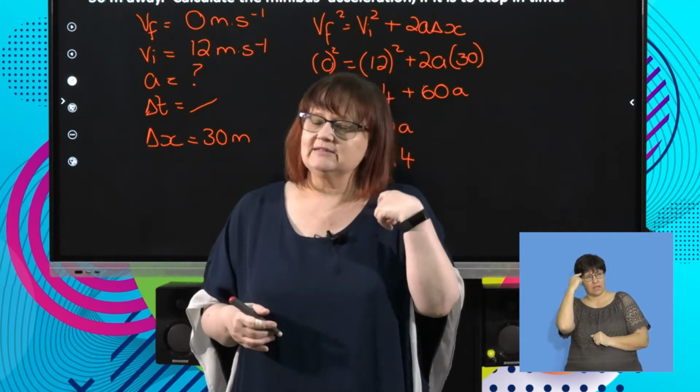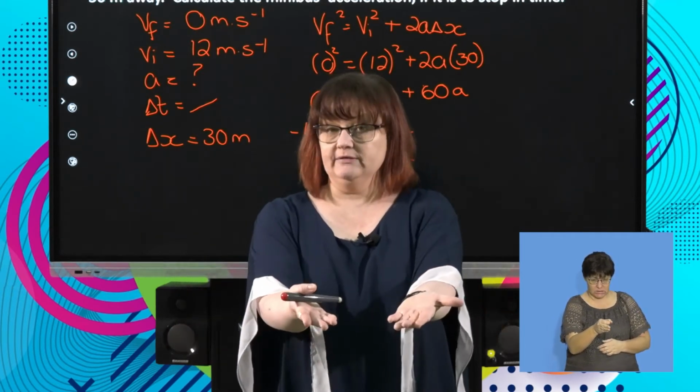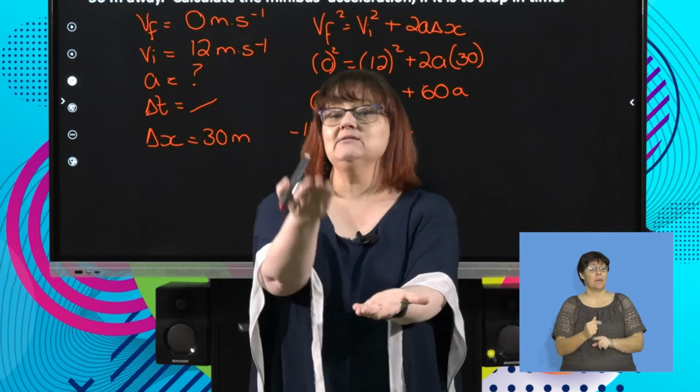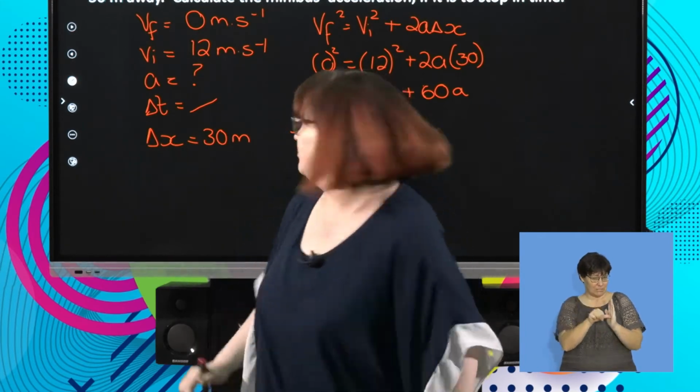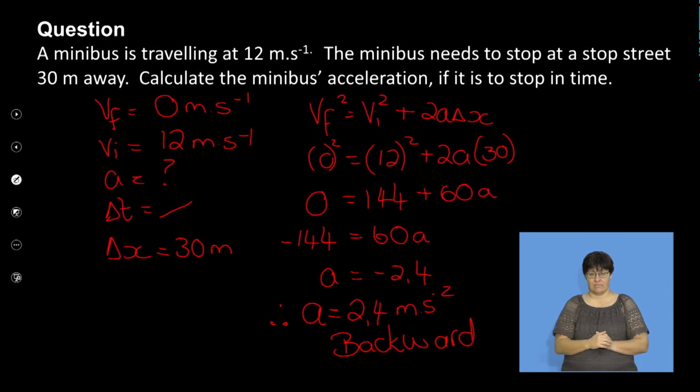I expect that. So now I've got to think about what the direction's going to be. Remember, the minibus would have been going forward. So my acceleration is backwards. That's very important here. I now need to say my acceleration is 2,4 meters per second squared backwards. Okay? The direction here is very, very, very important.